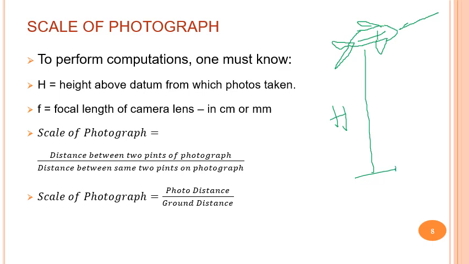This is the datum, mean sea level, or we may consider any datum, for example mean sea level or with respect to the ground surface. Capital F is equal to the focal length of the camera lens.